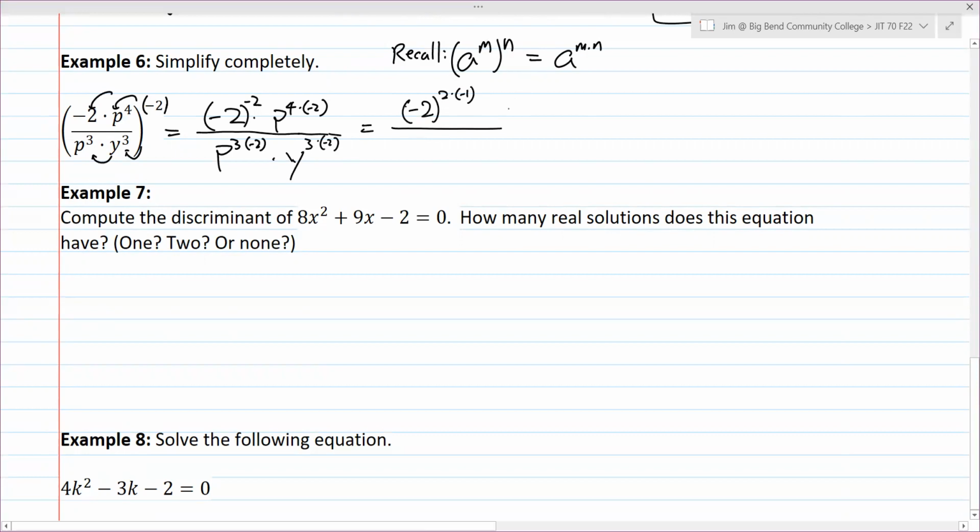Right, I will go slow on this one to show you what the value is on the upper left portion. But we can work on the others at the same time. 4p to the 4 times negative 2 gives you p to the negative 8. And for the denominator, the same rule tells us that we have p to the negative 6 times y to the negative 6, okay?